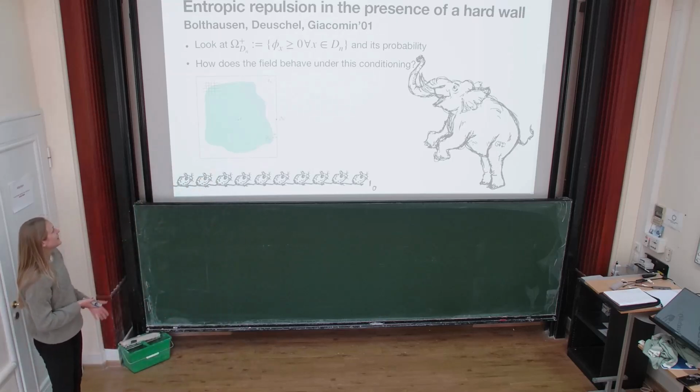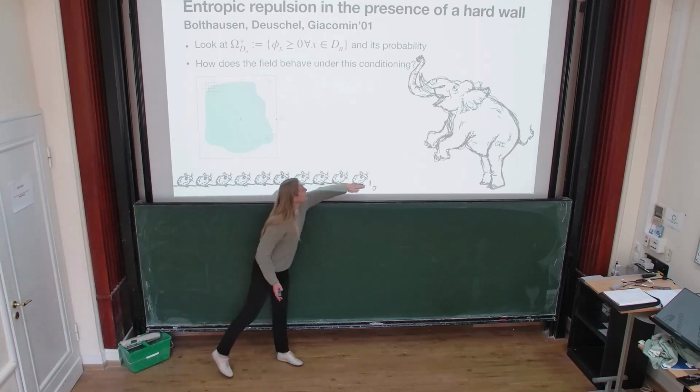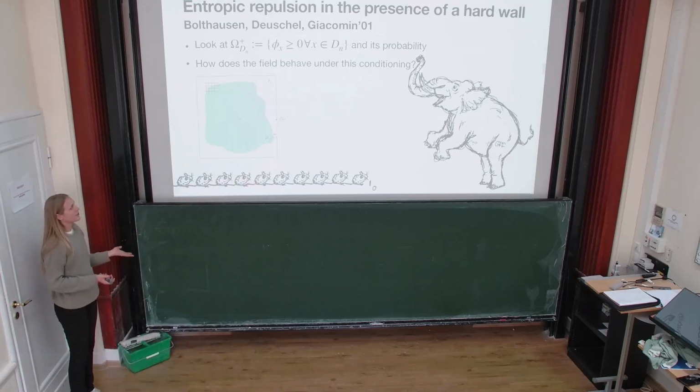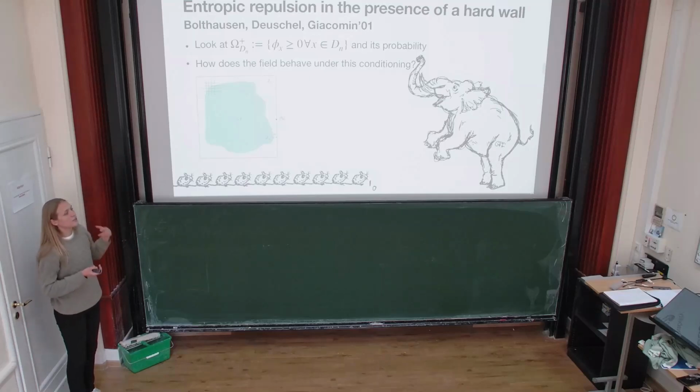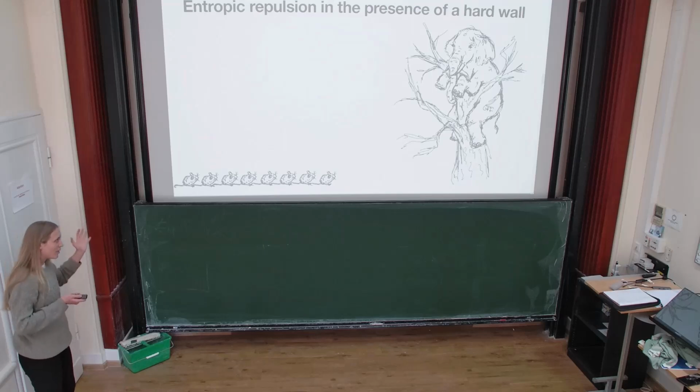So what's happening in some sense? We have this hard wall, and then we have our GFF, and the question is, first of all, can we say something about the probability of this hard wall event? And second, what actually happens to the field under this conditioning? The answer is something called entropic repulsion.